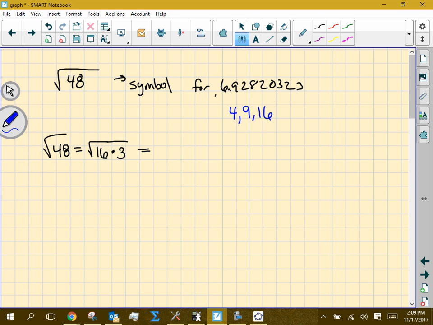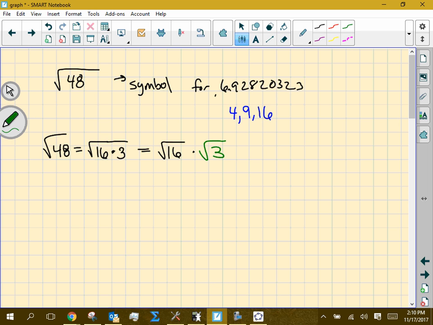It's a situation in mathematics where you don't necessarily have the best background knowledge to understand why we do what we do. For instance, if I get a product underneath a radical, hopefully you were taught last year that you can break that up into a product of individual radicals. So I can write this as radical 16 times radical 3.